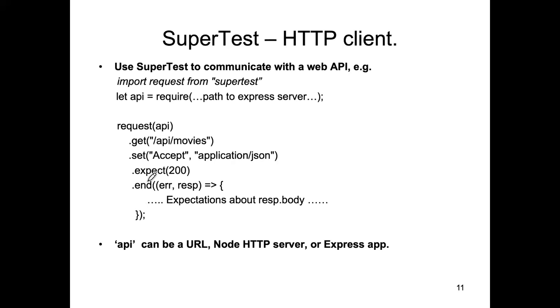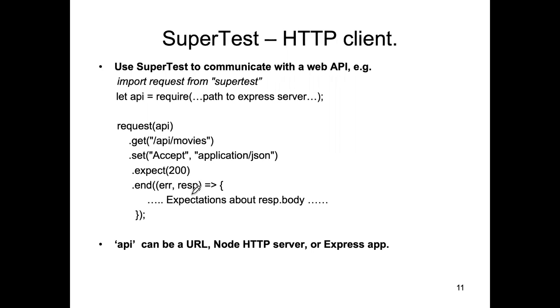So the end method takes two arguments. Sorry, it takes one argument, which is a callback. The callback receives either the error response from the web API or the normal response that we got back from the web API. This is the important one for us. So this is going to contain the body of the response that came back from the web API.